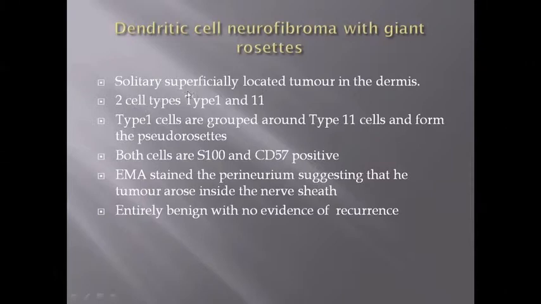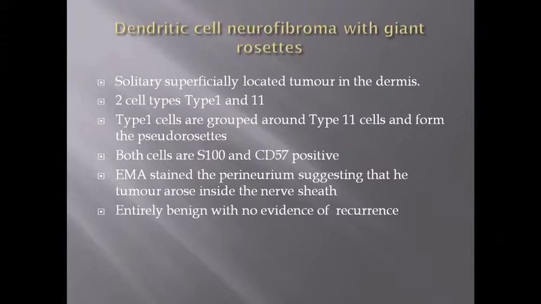These are usually solitary, superficially located tumors in the dermis, and they have two cell types, type 1 and type 2. Type 1 cells are grouped around type 2 cells to form the pseudorosettes. Both cells are S100 and CD57 positive, and EMA stains the perineurium surrounding the tumor, and that suggests that they arise from the nerve sheath.